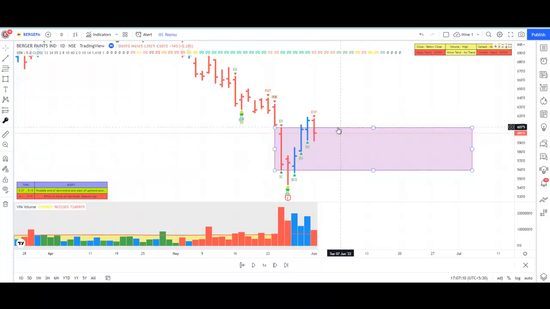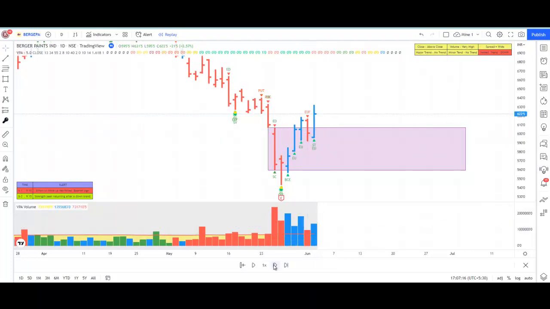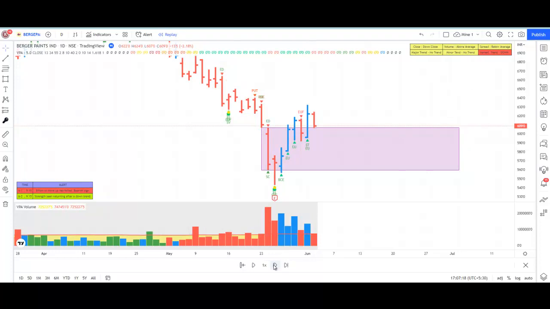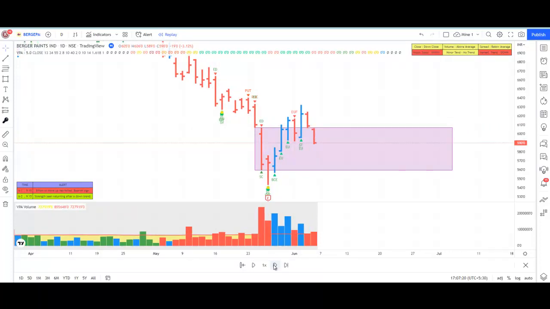This move was defeated and the prices have come back into the shadow of the selling climax. Again an attempt which again is failed and the prices are back into the shadow. As you can see, the high of the selling climax bar is posing as a resistance for further upward movement.